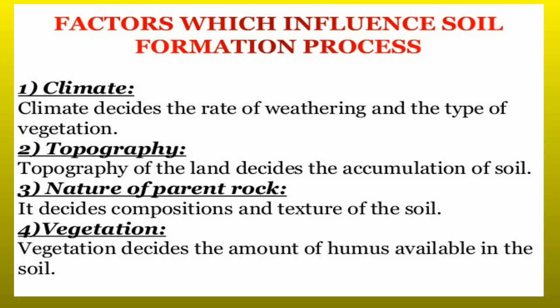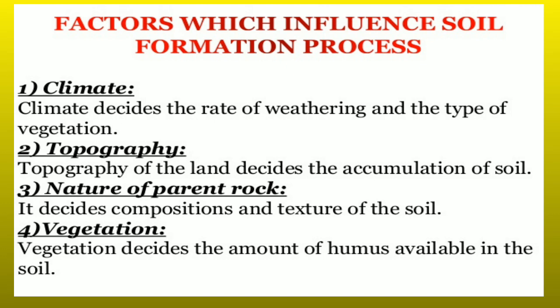Now let us discuss the factors which influence the soil formation process. Which are these factors? Climate. Yes, climate decides the rate of weathering and the type of vegetation. Second, topography. Now what is topography? The topography of the land decides the accumulation of soil, that is, what type of land it is.